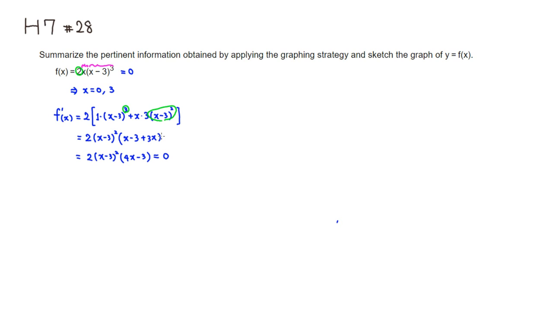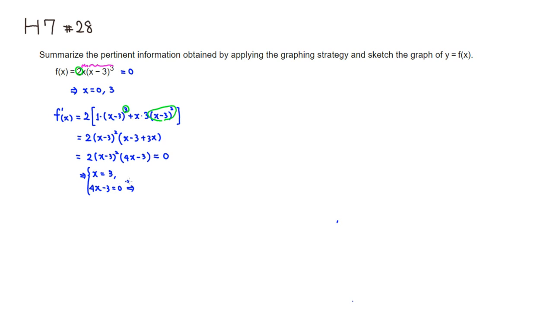Now we're going to get the critical numbers. The first factor, x minus 3, set equal to 0, gives x equals 3. We can set 4x minus 3 equal to 0 and easily solve for x.